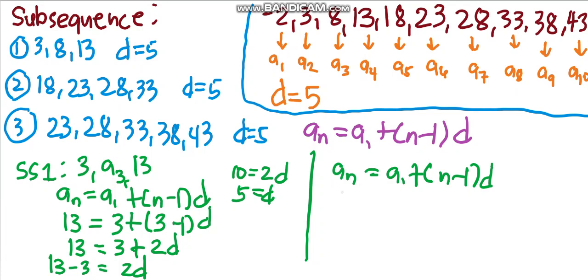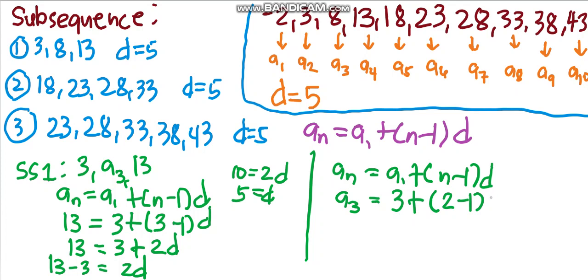So we can say a sub 3 equals, a sub 1 is 3, n is just 2, because we only look up to the term we want to see, minus 1, and still, our D is 5.